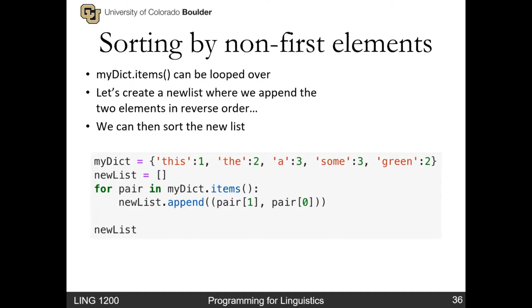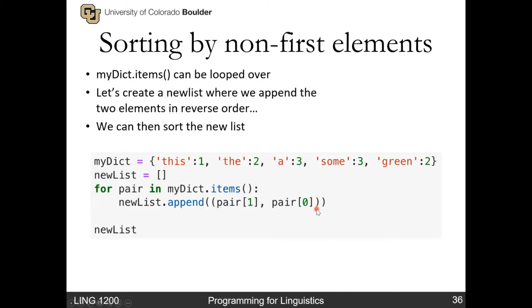We have our dictionary, then we create a new list, an empty list. Then we're going to loop over the tuples in mydict.items. So for pair in mydict.items, pair is going to be a tuple, a 2-tuple in this case. When we do appending, in order to keep them in tuples, we're first going to put them in a tuple.